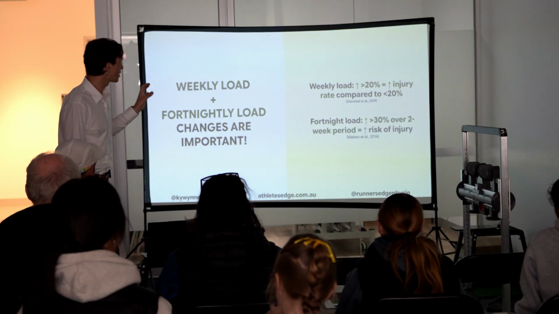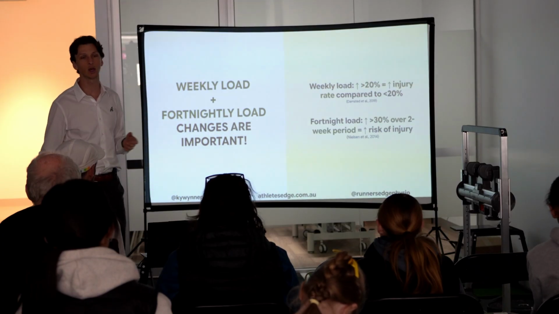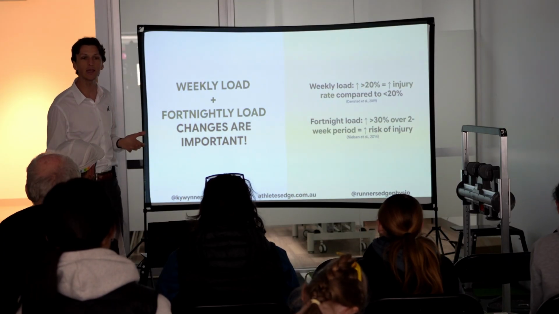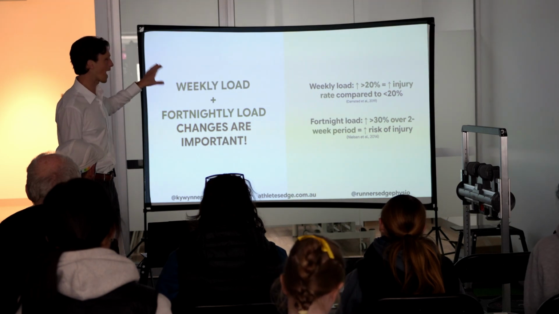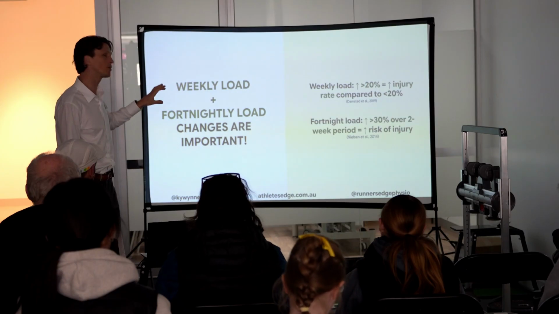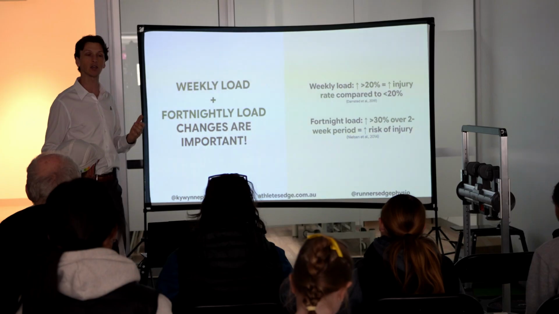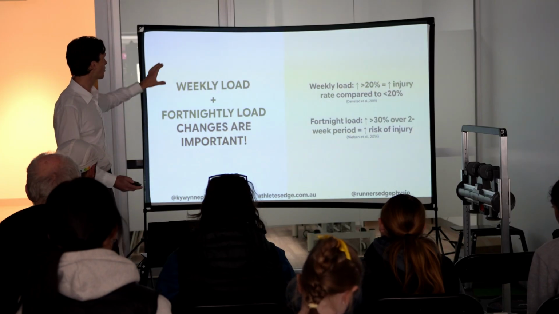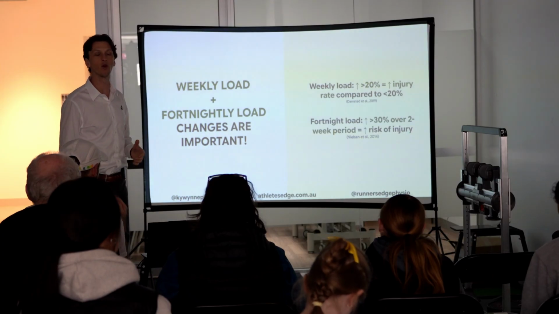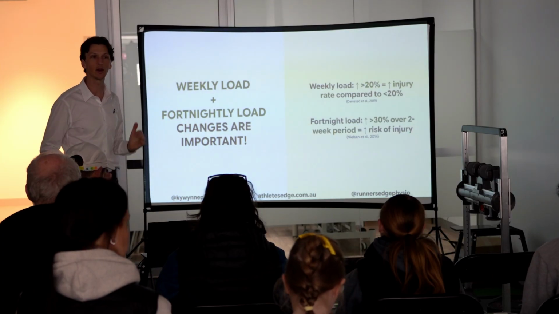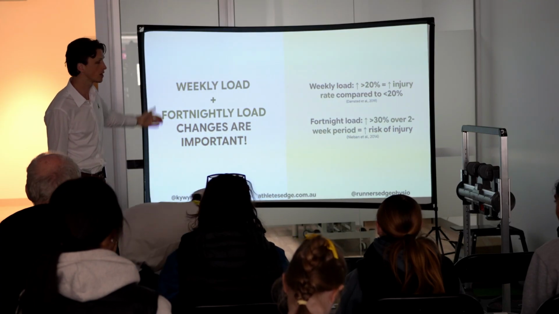And if we look at fortnightly, over a 30% increase over a 2-week period, so you could say 15% per week, increases the risk of injury. So not hard and fast in terms of the rules there, but we've got to look at our weekly load and our fortnightly load to make sure that we're not having huge fluctuations. Based off this, somewhere around that 15% per week or over a 2-week period, making sure that we're not jumping too much would be important to consider.